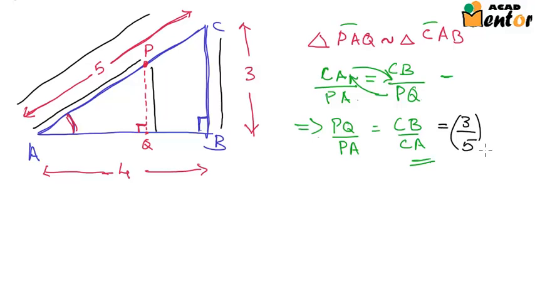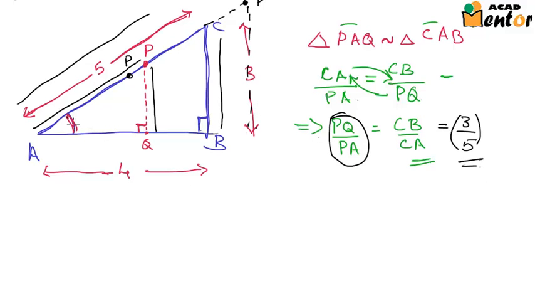So the ratio remains 3 by 5 wherever this point P is, even if the point P was here or if it was here and we had dropped a perpendicular, PQ by PA would have remained constant.